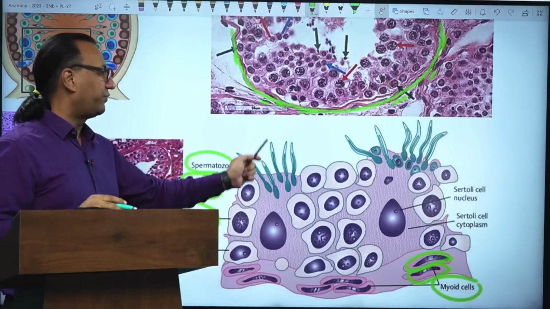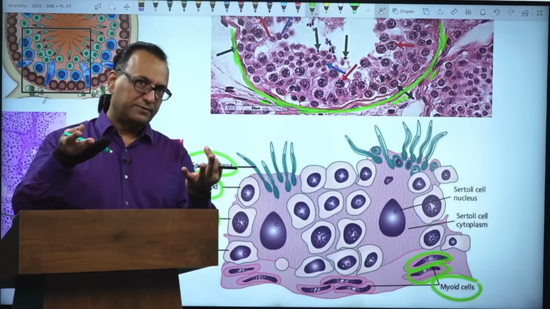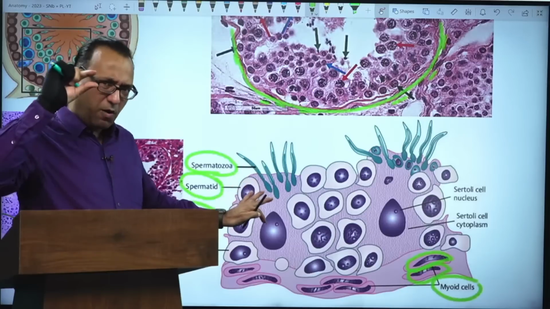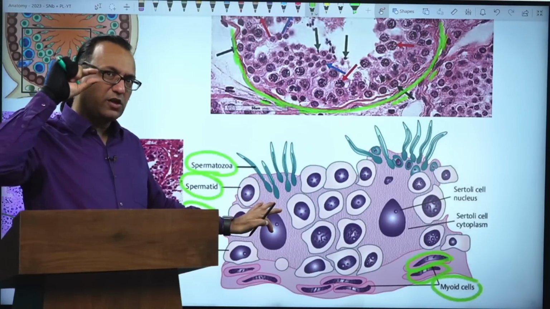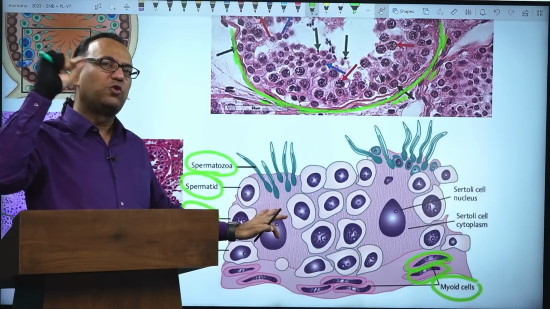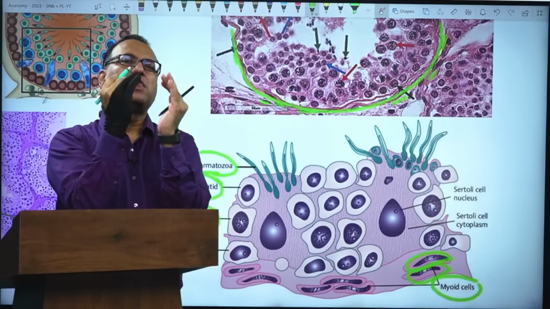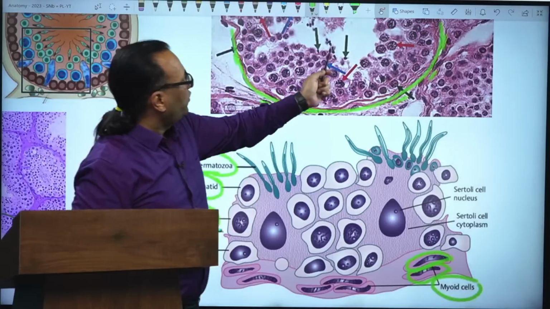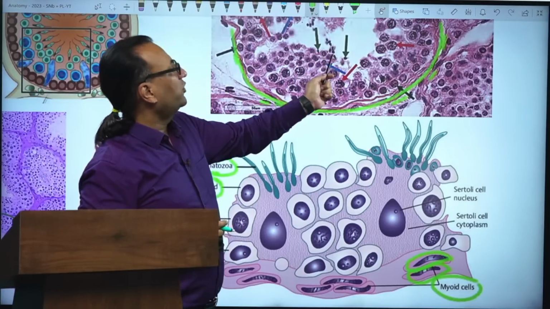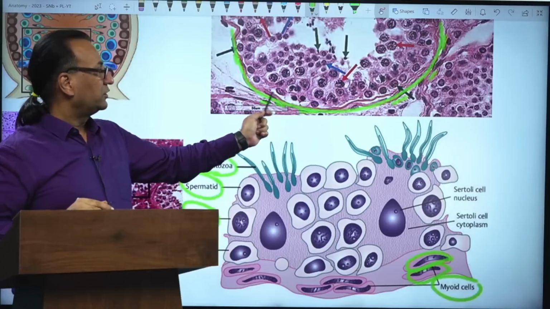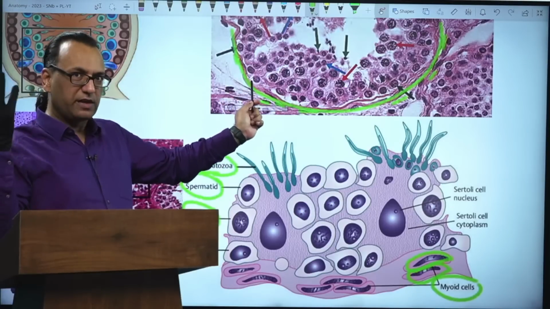Spermatozoa are identified by the fact that they will be towards the lumen and they'll have a tail, the flagella, and very small nucleus, condensed nucleus, because you are now getting ready to transport, so you have squeezed all the DNA, very small nucleus. So if you look at the spermatocytes, the nuclei are very small compared with the cell which was towards the periphery.